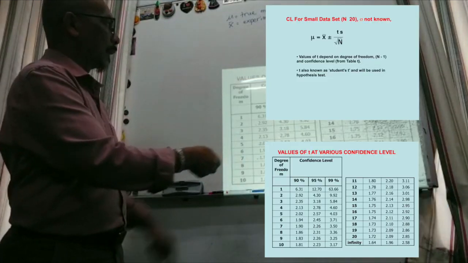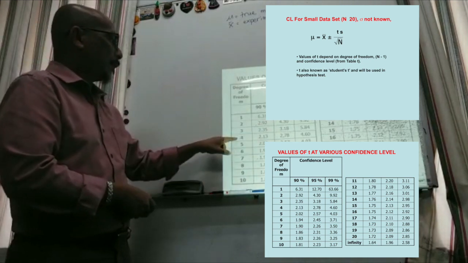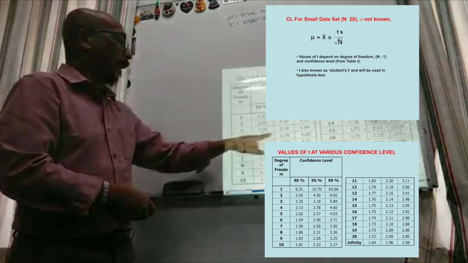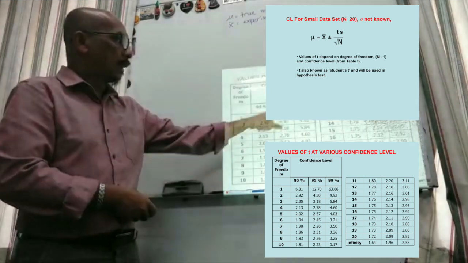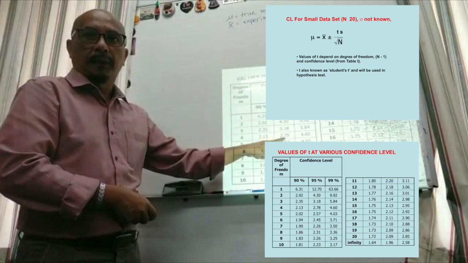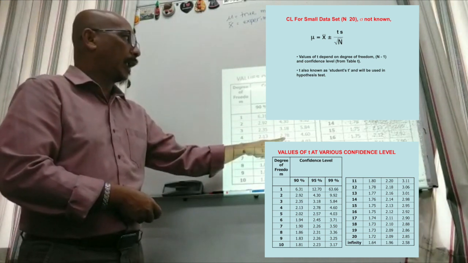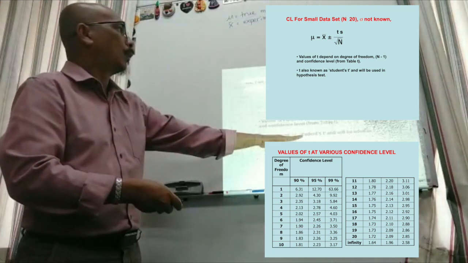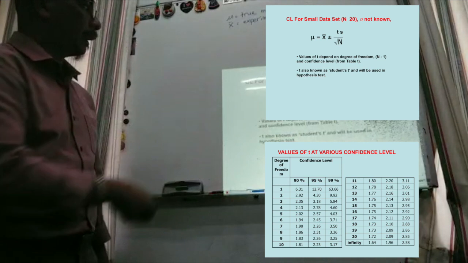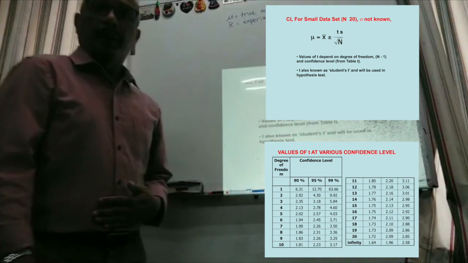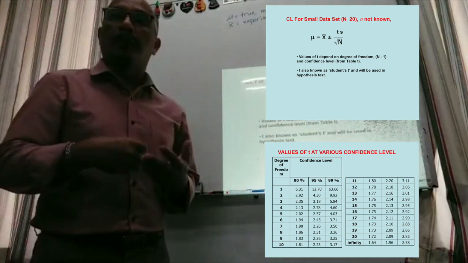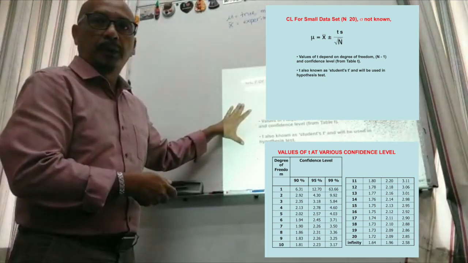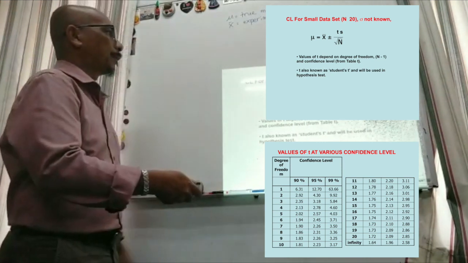Let's say our replicate is 5, so we go to number 4, because our degree of freedom is 4, and then at 95% confidence level, 2.78. If the question asks you at 99%, we go to this value, and then we put it into the formula here, do the calculation, and then we get the confidence interval. And this is how to use the confidence interval.